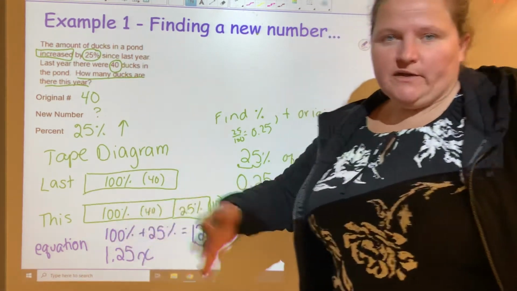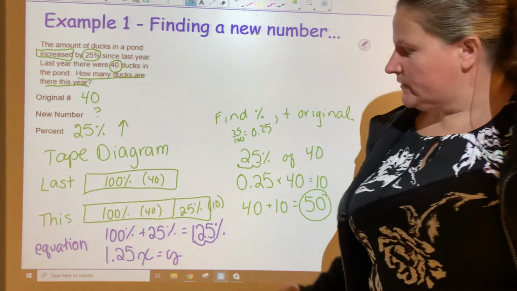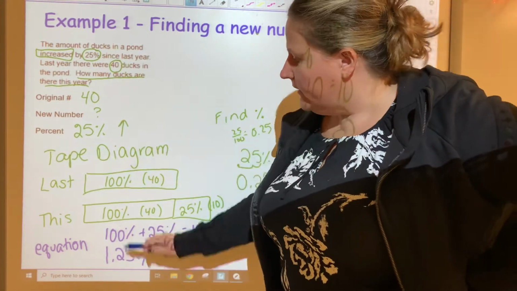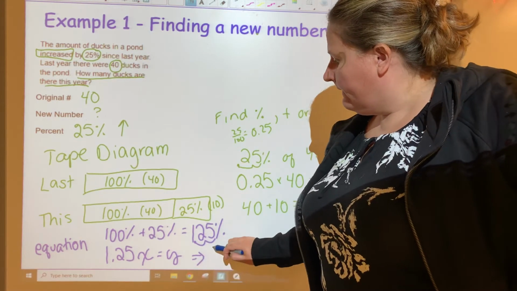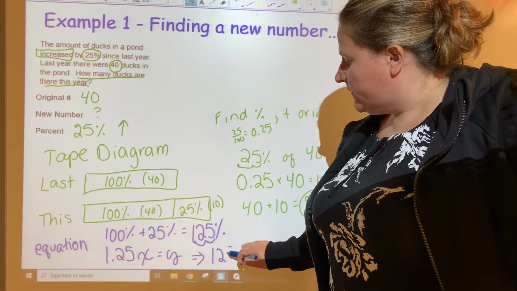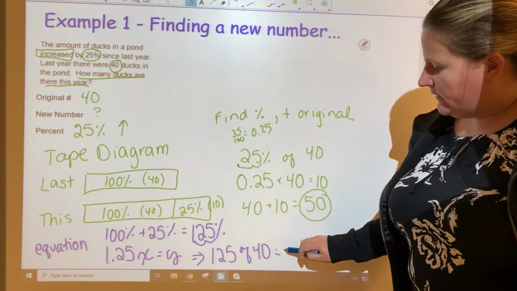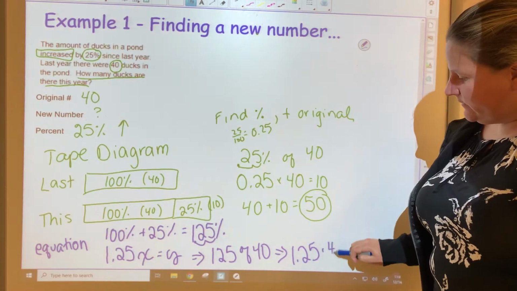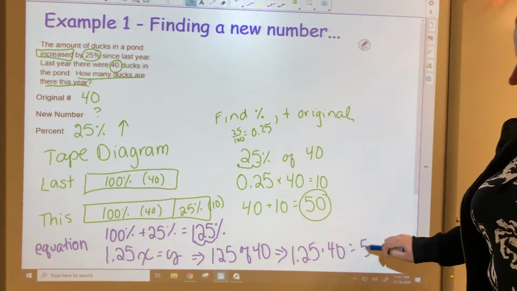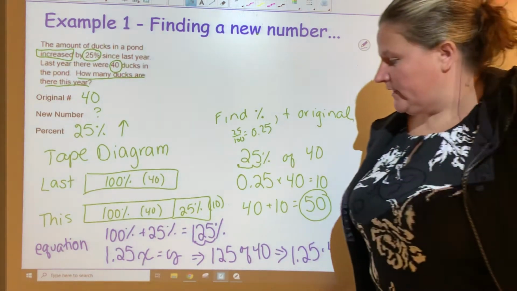I'm using X right now because it's an equation, would give me my new number. So I would just go back in here and plug it in, 125% of my ducks. So 125% of the ducks, write it as a decimal, of means times, is going to give me 50. Two different ways to get the same answer.